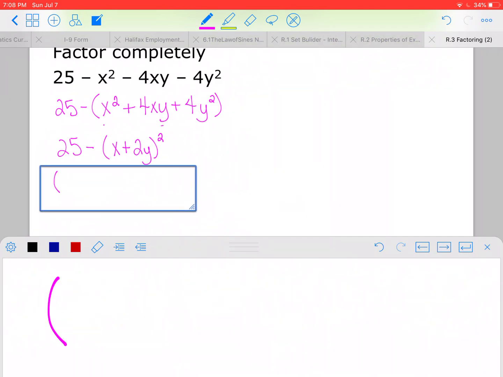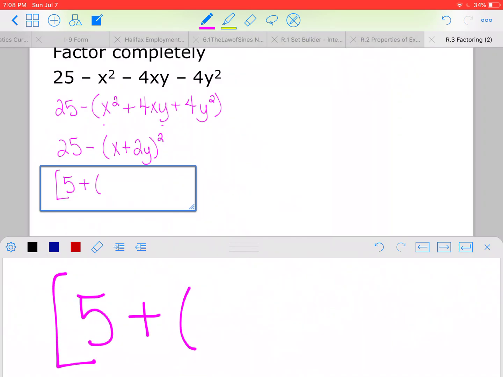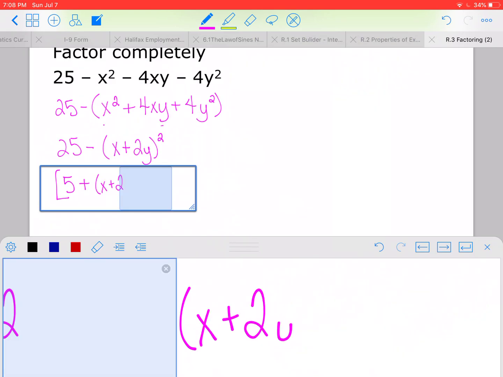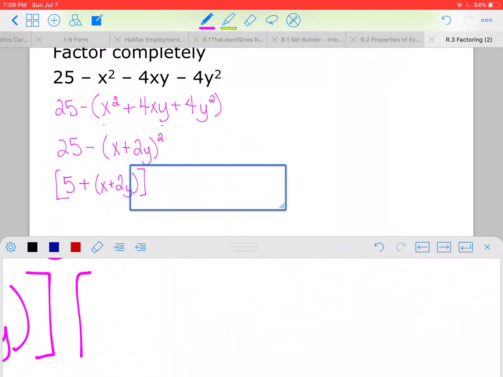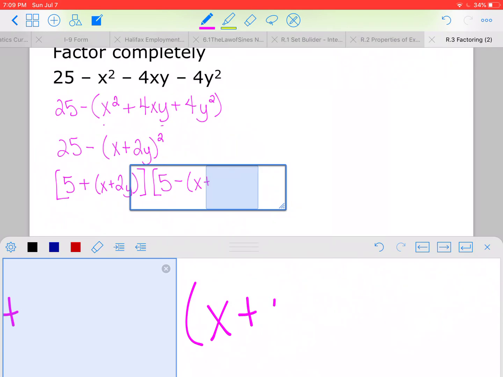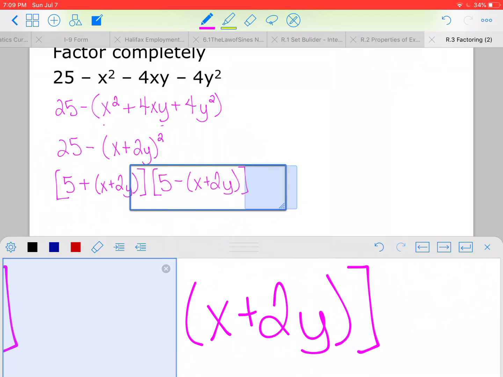I'm going to use brackets so this is easier to follow: 5 plus x plus 2y times 5 minus x plus 2y, because that was a difference of squares.